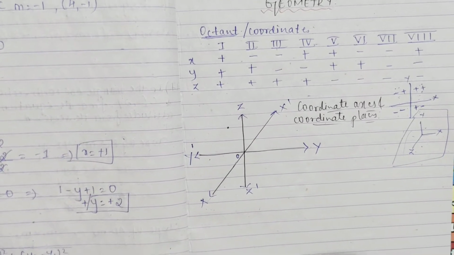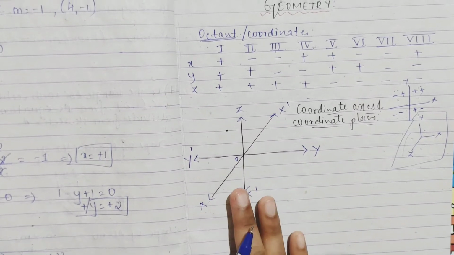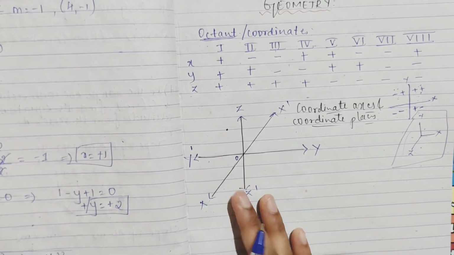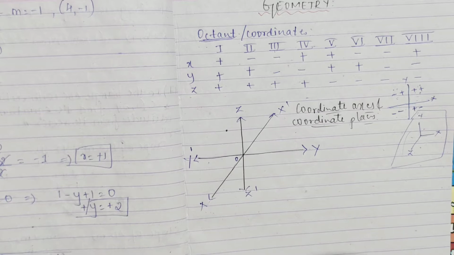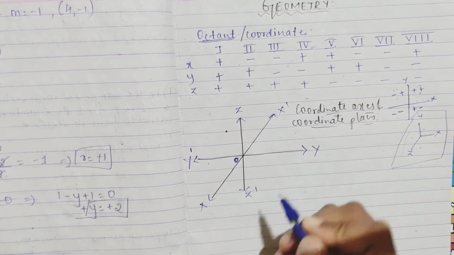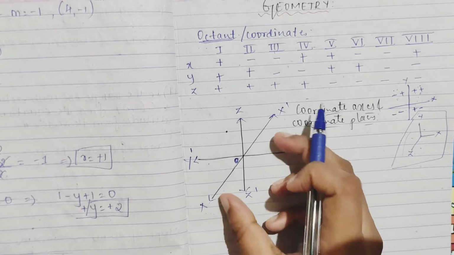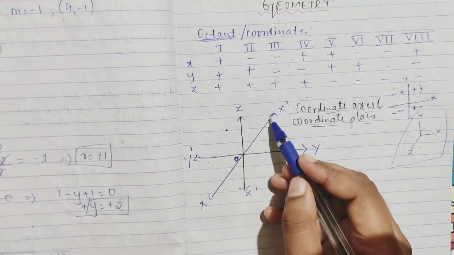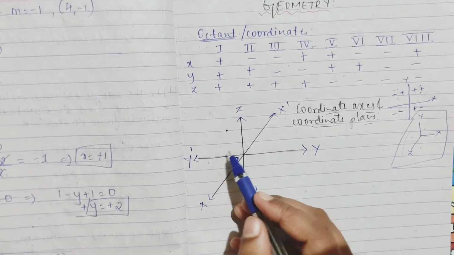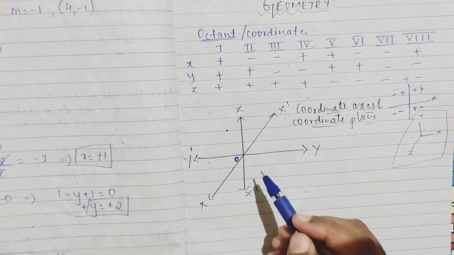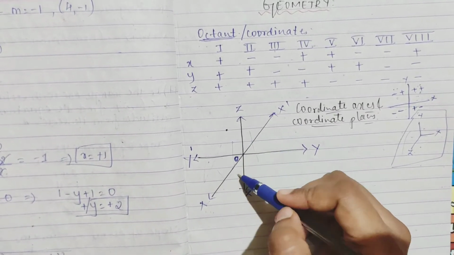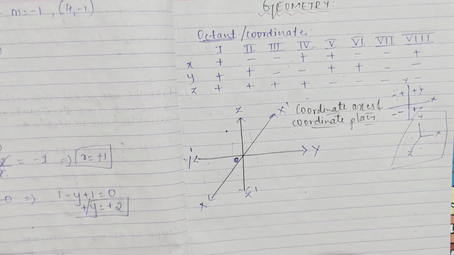Now I will explain a little bit. Consider three planes intersecting at a point O, mutually perpendicular to each other. We have one plane for x, one for y, and one for z.